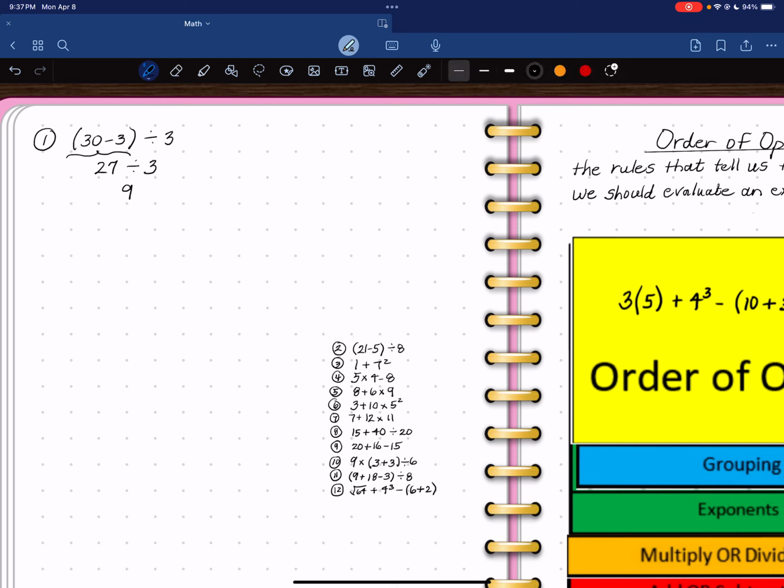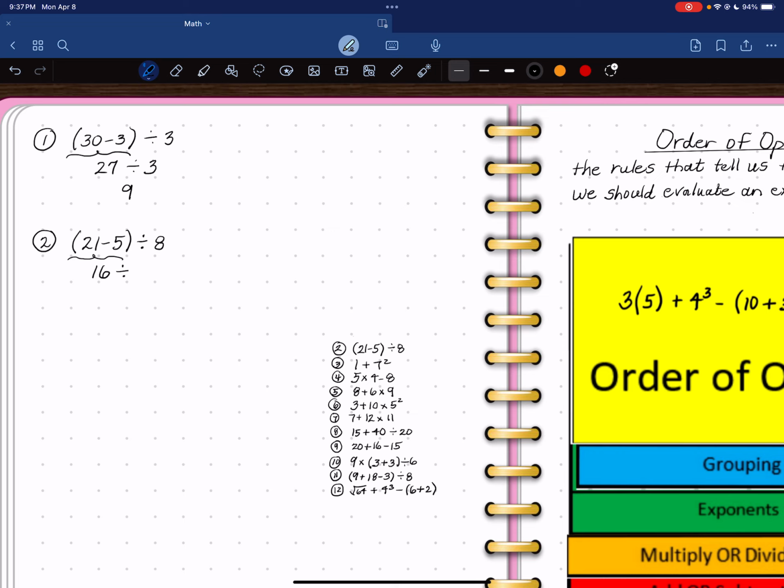Number 2, we have 21 subtract 5 in parentheses divided by 8. So very similar problem. Grouping symbols first. 21 subtract 5 is 16.